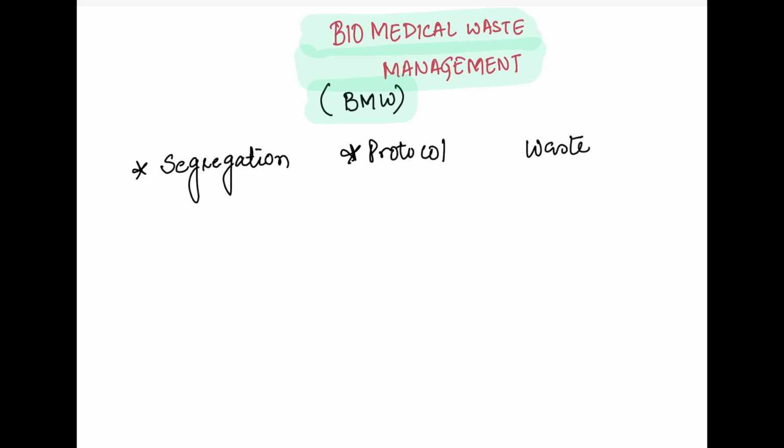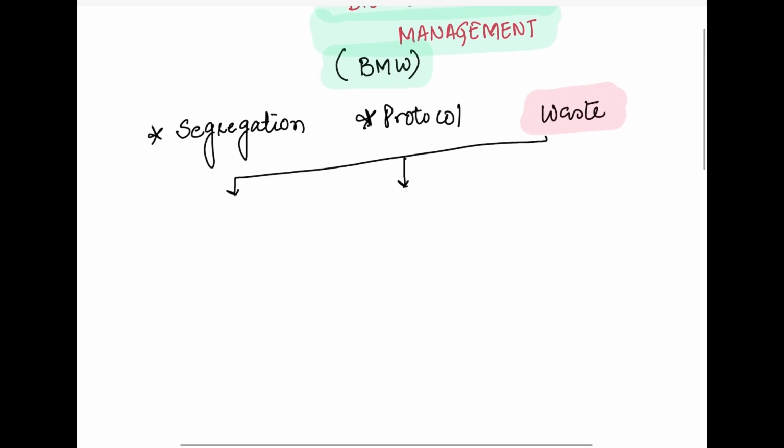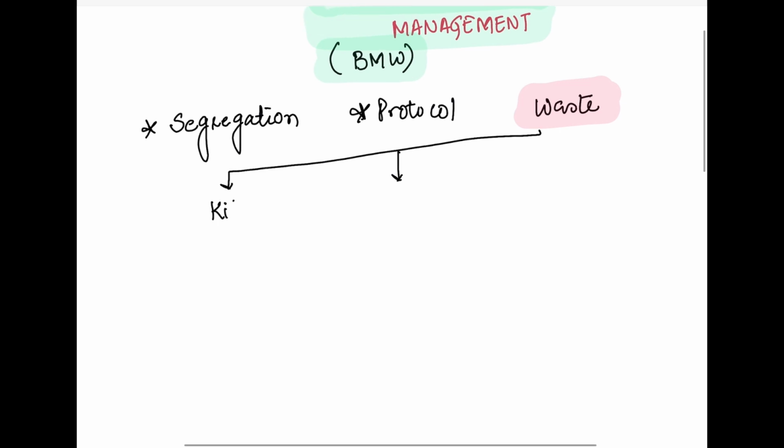Okay, let's talk about the types of waste first. The first type we are going to talk about is kitchen waste, as everybody is at home and seeing here, and the second one is hospital waste.